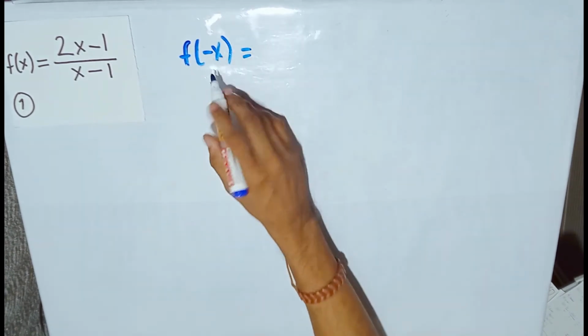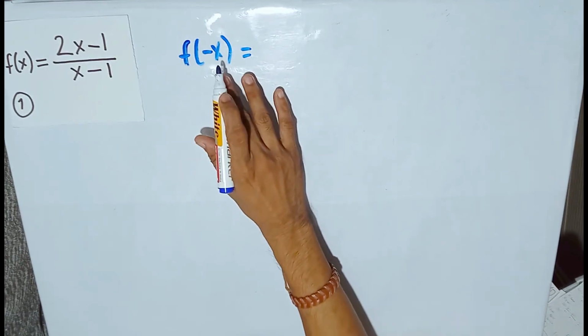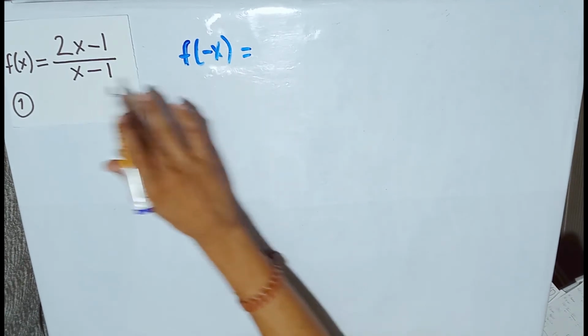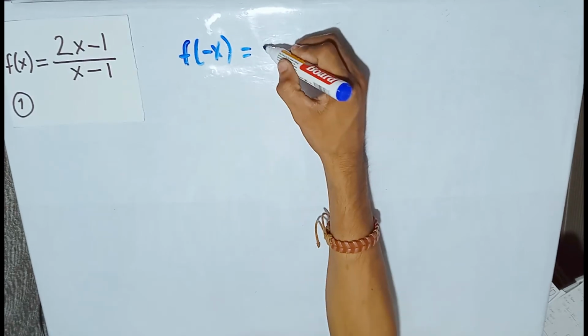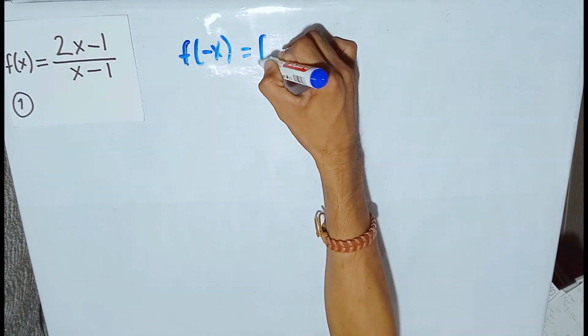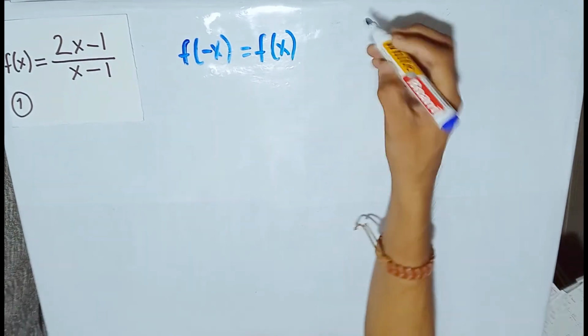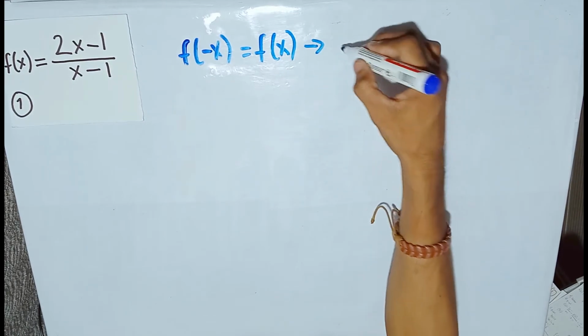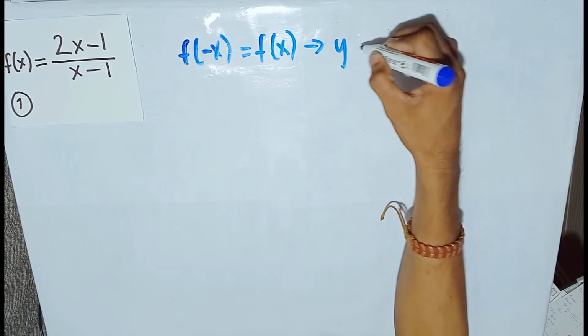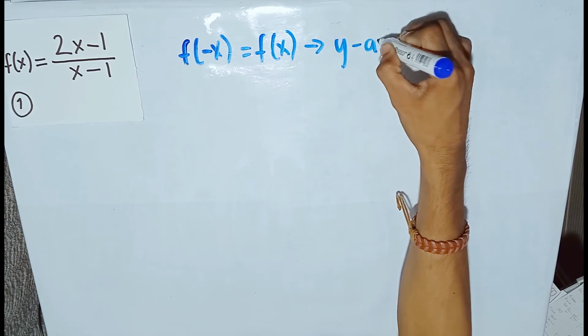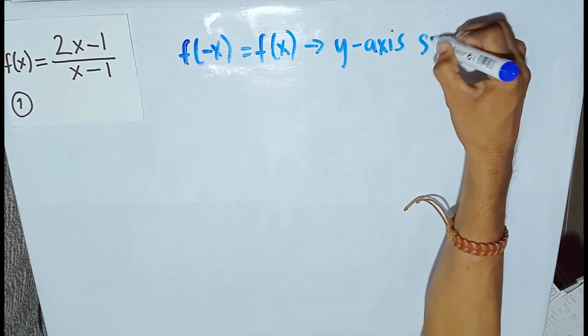So dapat, if we are going to substitute negative x to every x of this function, dapat magkaroon tayo ng result na f of x para magkaroon tayo ng y-axis symmetry.